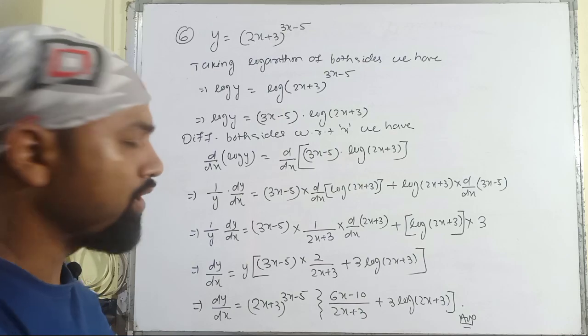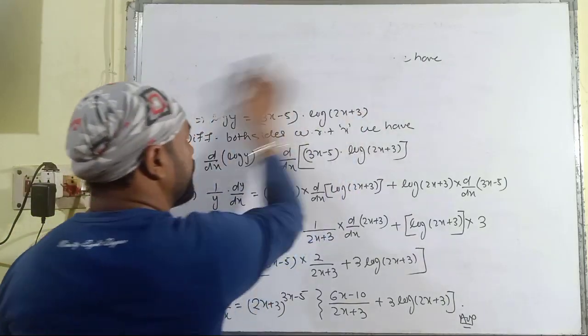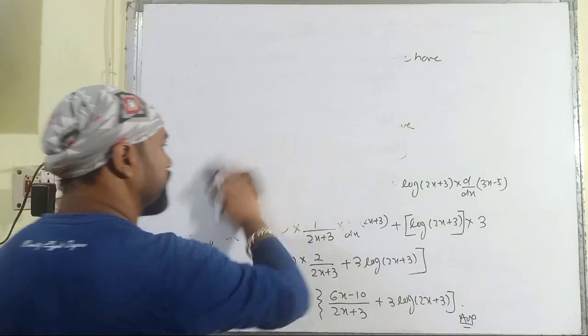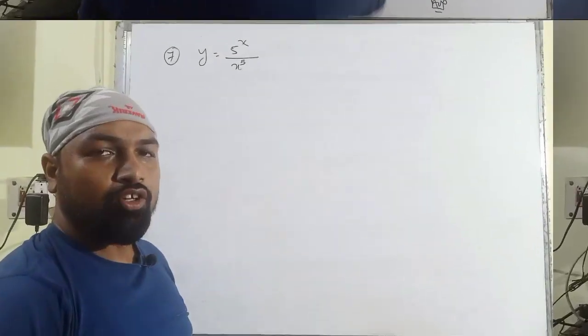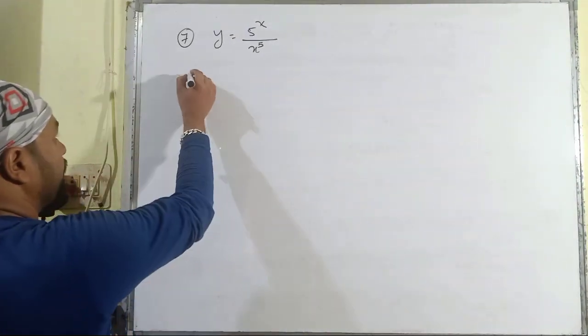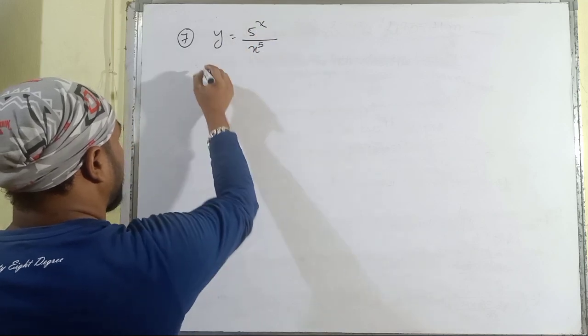Then coming to the problem number 7, it is given that y is equal to 5 to the power x divided by x to the power 5.